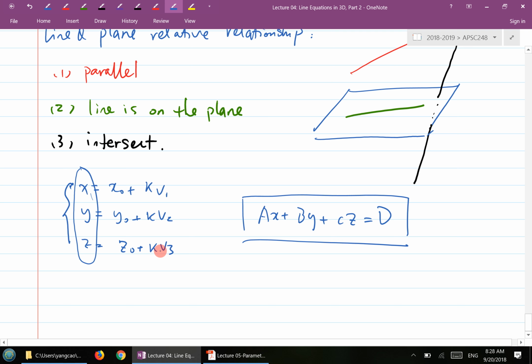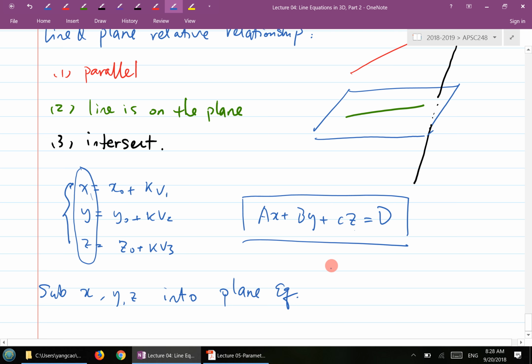So if it's just coordinates of any point, then why can't we just substitute x, y, z into this plane equation? Let's see if that point is on the plane or not. Directly substitute x, y, z into the plane equation; you don't need to do anything to the plane equation.